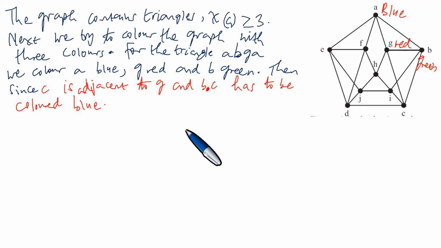Since C is adjacent to G and B, I need a comma because I started with since. So C has to be colored blue. So we make it blue, like this.